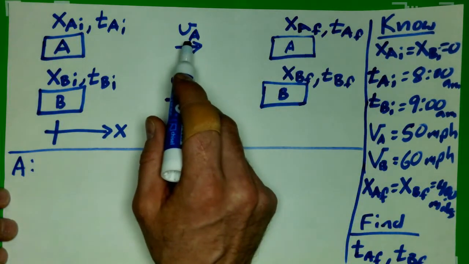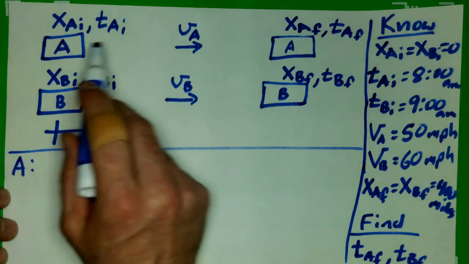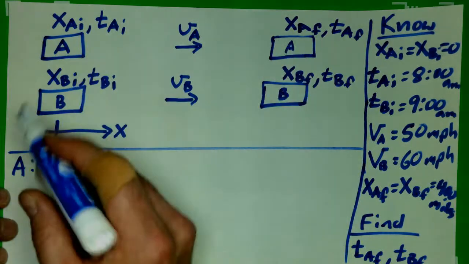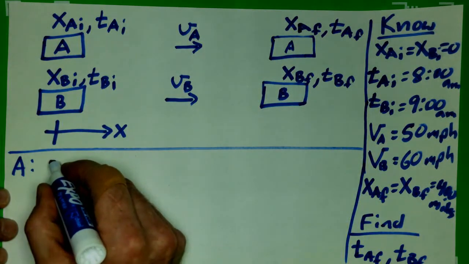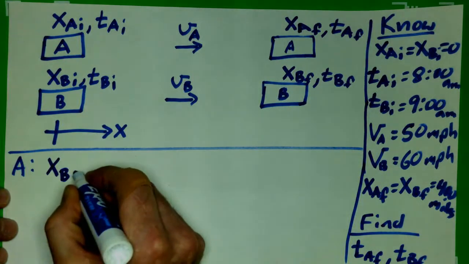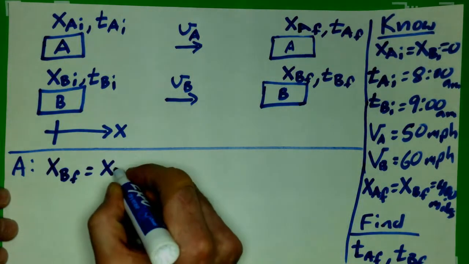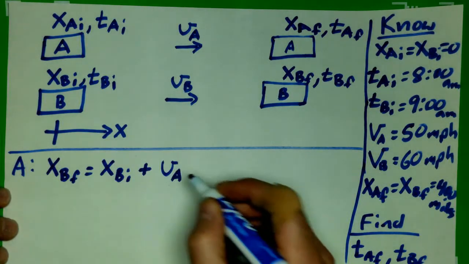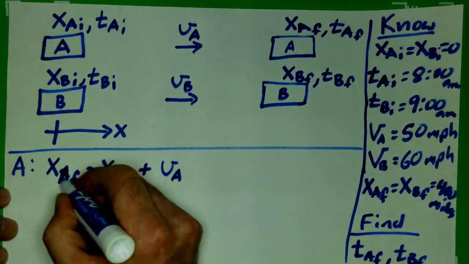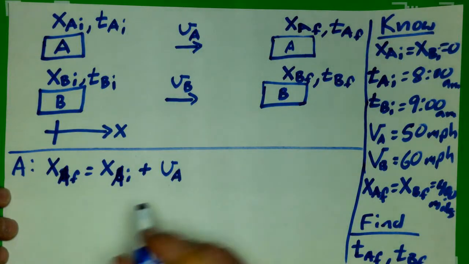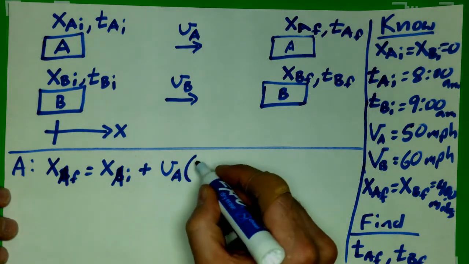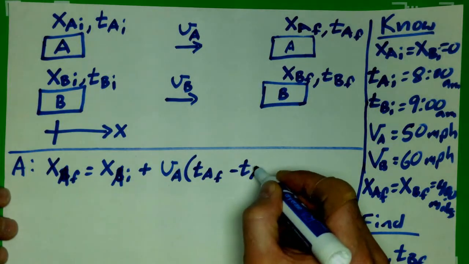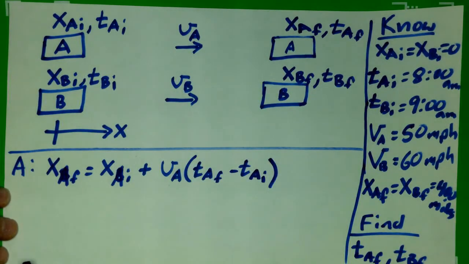It's traveling at constant speed, so we can use a relationship that relates position and time: x_A final equals x_A initial plus velocity times the time period, which would be t_A final minus t_A initial. Sorry, I apologize for that.